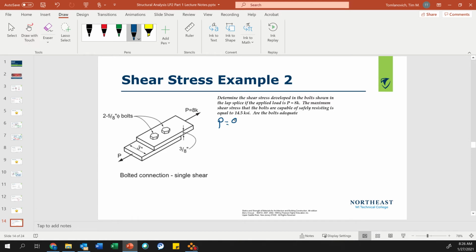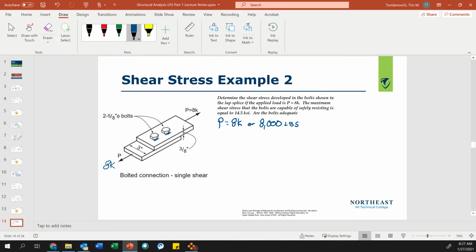There's 1,000 pounds per kip, so that's 8,000 pounds, either one. We have 8 kips there, and we also have 8 kips here. Now we have 2 5/8 inch diameter bolts, so we have a shear area there and a shear area there.